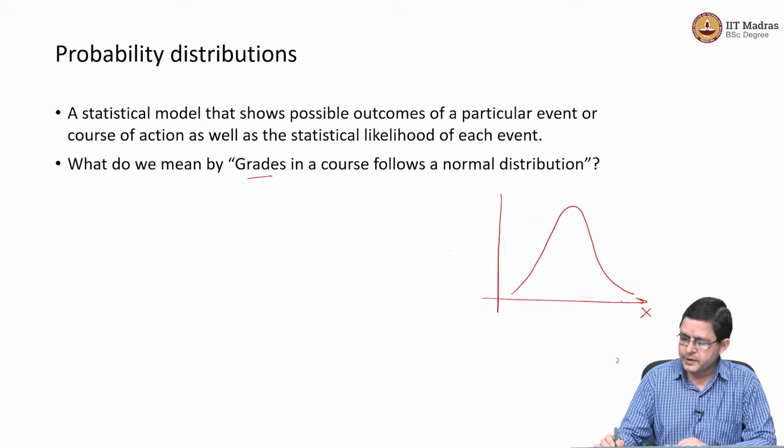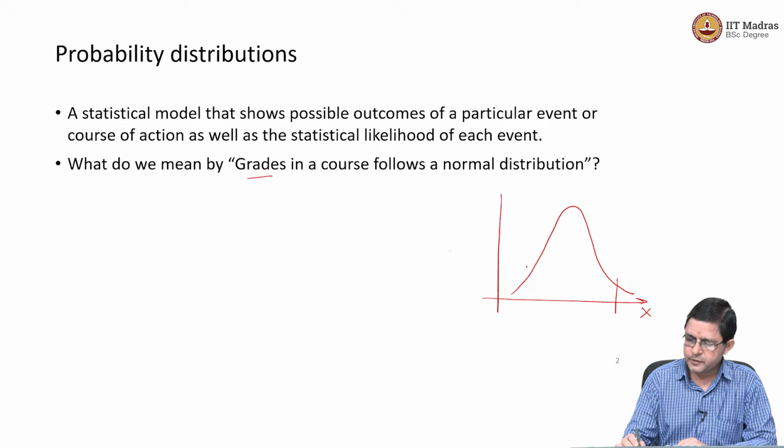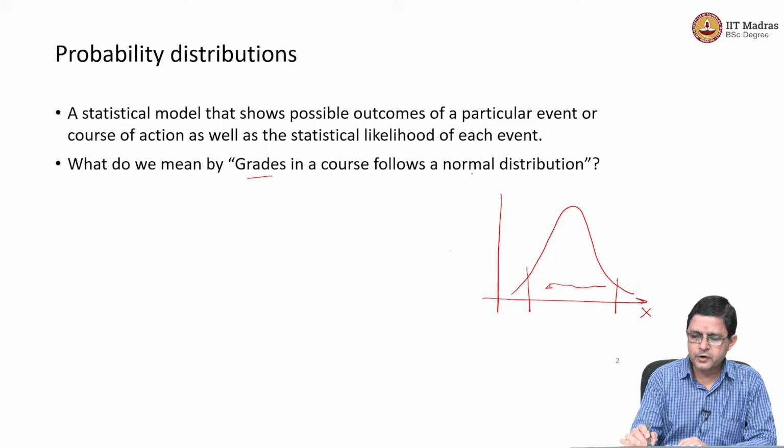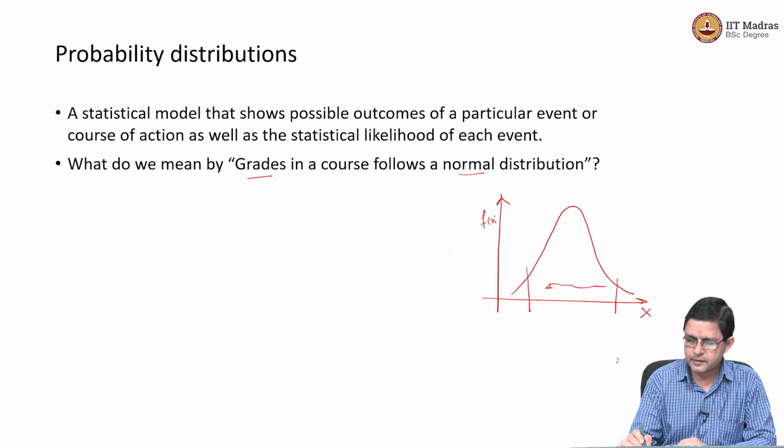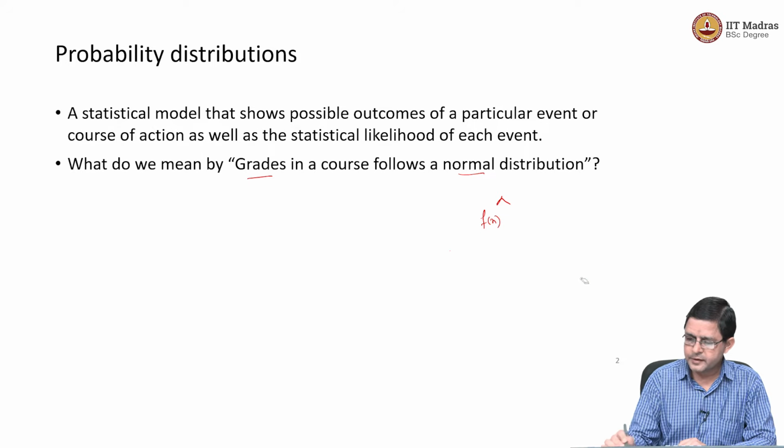And then some people are going to get very high marks, some people are going to get very low marks, unfortunately, and there are a whole bunch of people who are going to be in between, right. So, that's what we mean by normal distribution. Once again, the y axis represents the density, right. So, this is just a recall, right.